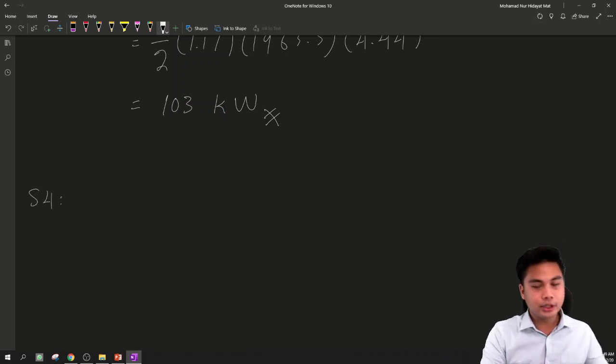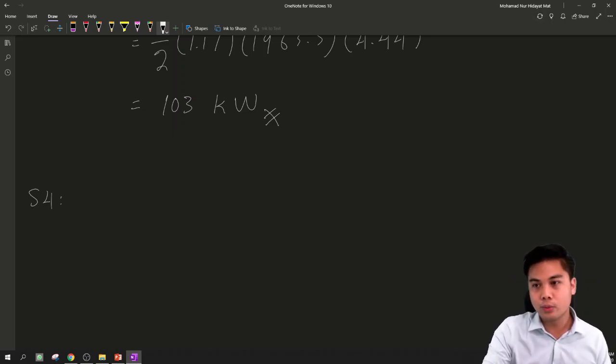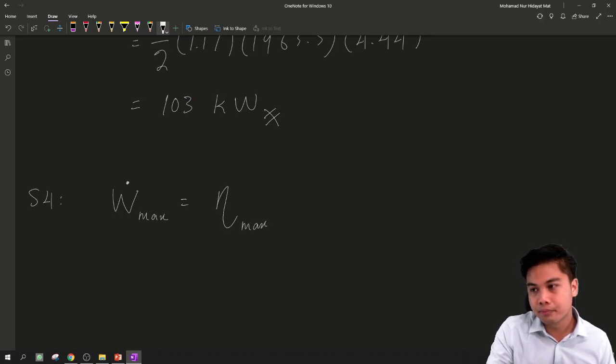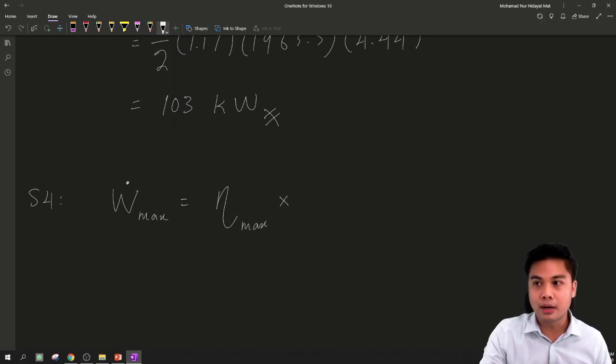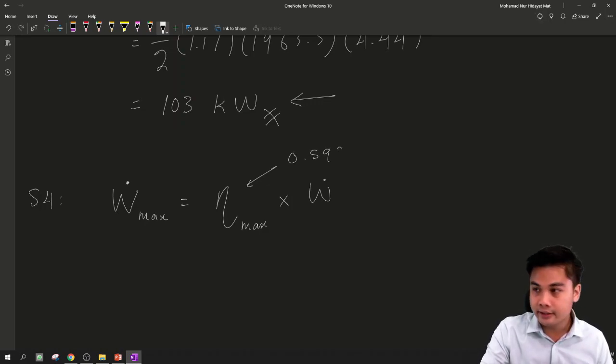W dot max equals the maximum efficiency multiplied by the available wind power, W. The efficiency is a fixed constant, 0.593.